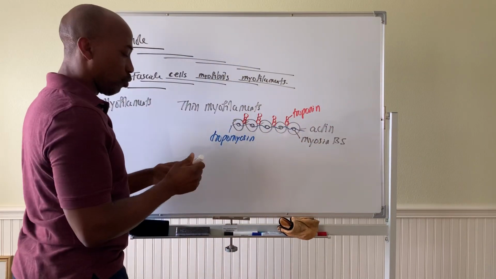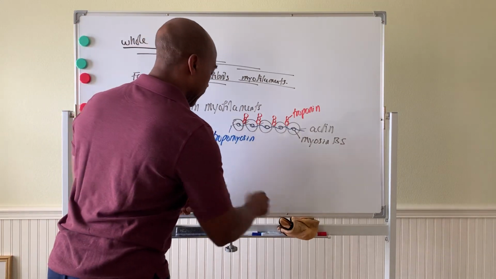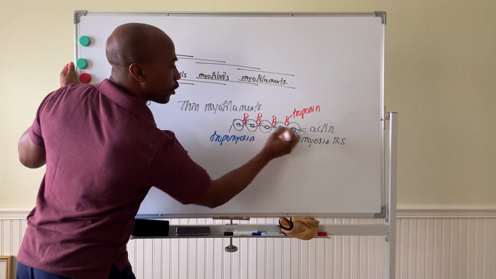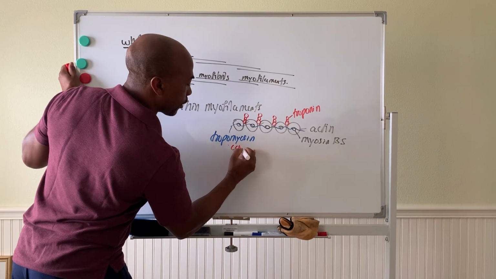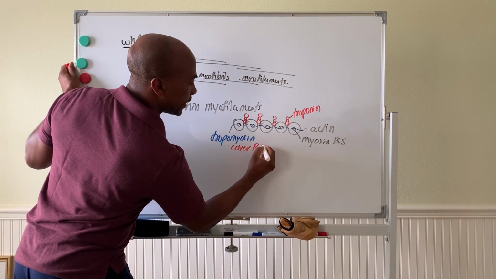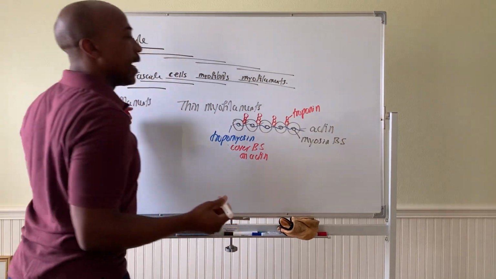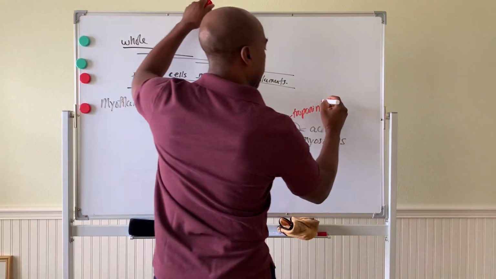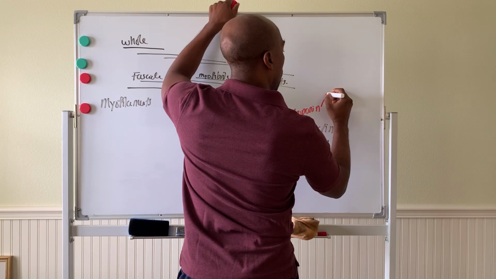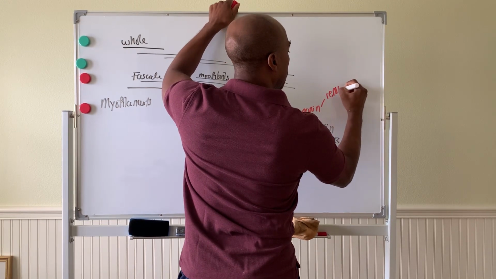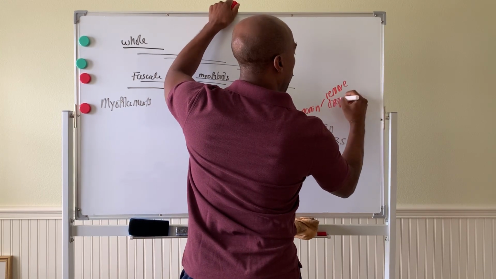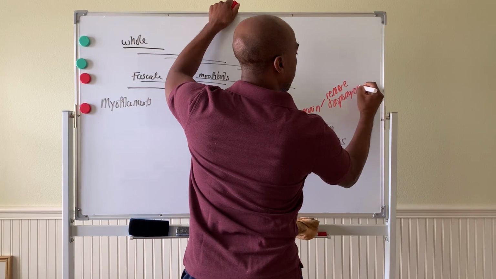So the role of tropomyosin is to cover the binding sites on actin. And the role of troponin is to remove tropomyosin.